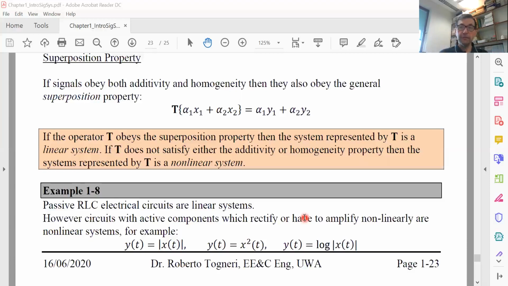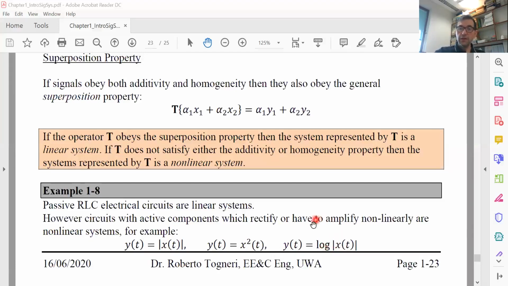However, if any element consists of a rectifier, which effectively converts anything negative to positive, i.e. it's an absolute value of the input, or a square operation, which takes the input squared, or even what we call a compression operation, which applies a log function.